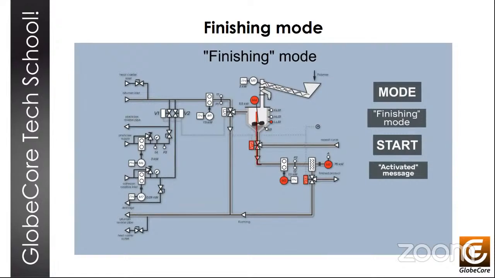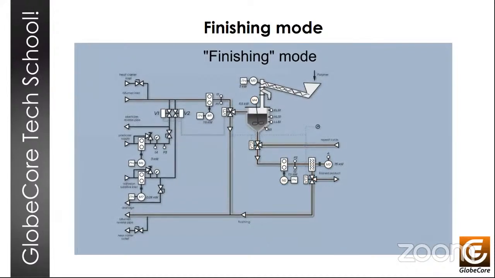If the low-level sensor, the LLS1 that I mentioned, is on, then the M4 mixer and the mill M3 are switched on. And after the mill spools up, again, the M2 pump starts. Bitumen is taken from the mixer in the same way as in the modification mode process. And after M2 and M3 stop, the active message disappears from the screen and the finish process is complete. So PMB in this mode is output into the product storage container. Next slide, please.